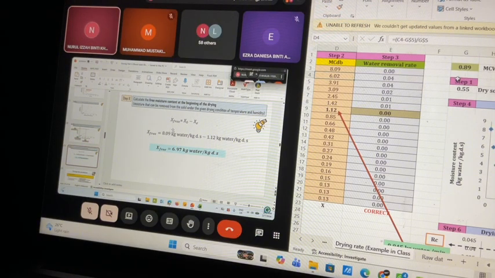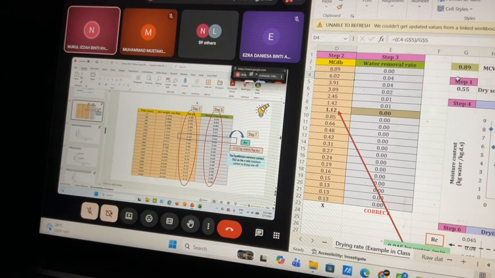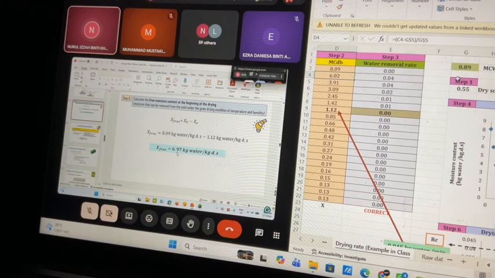You know the initial moisture content, which is 8.09, as you can see from your table. You subtract the equilibrium moisture content, 1.12, and you will get the free water, which is 6.97. As you have learned, this is the water that can be removed from the system, so that's why you calculate this one.